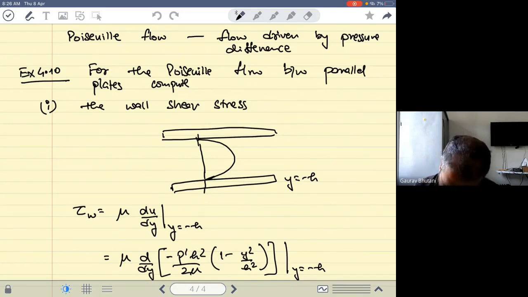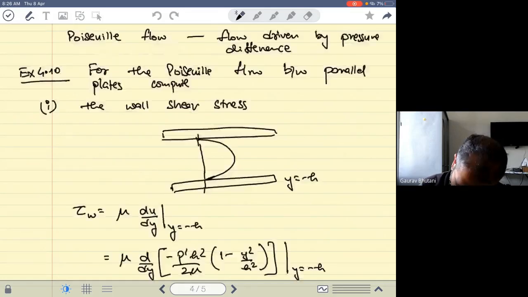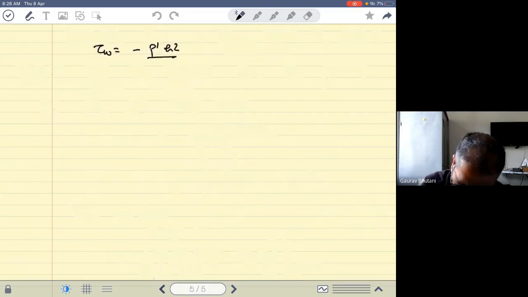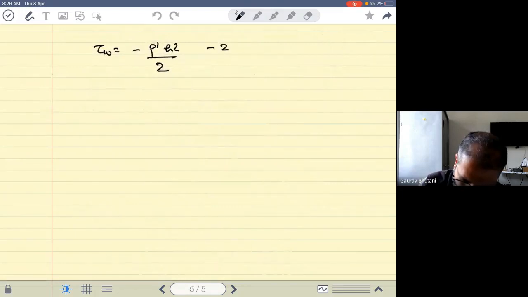Okay, so we differentiate this. So the mu gets cancelled. This one will get cancelled with the mu inside the bracket. And then when we differentiate 1, we get a 0, and y square will give us a 2y. So we'll have a minus 2y upon h square coming from the brackets.